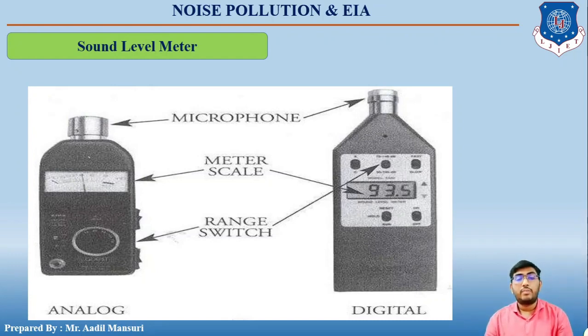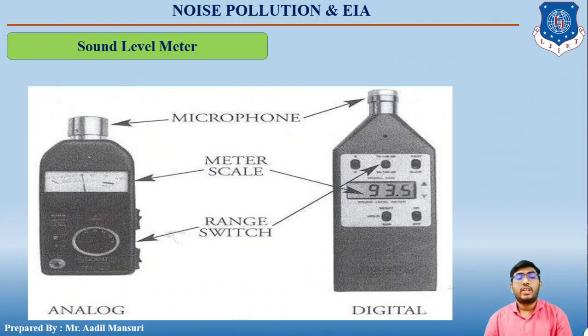First, the microphone converts sound energy into an electrical signal. When a sound wave hits the microphone, it causes a diaphragm to vibrate, producing electronic signals proportional to the sound pressure. Thirdly, the electronic network provides meaningful results transmitted through a visual display.